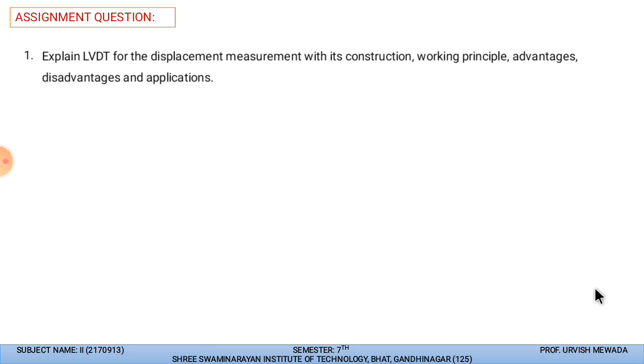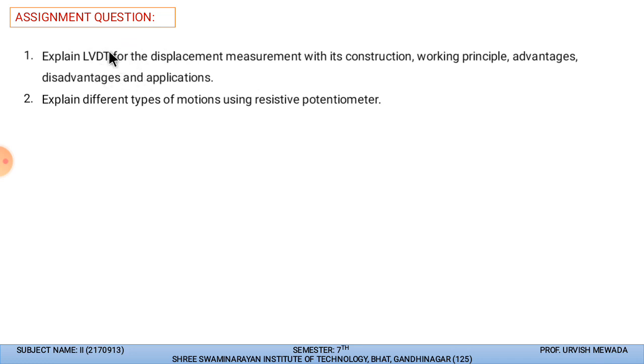Now after this topic, we have the assignment question: explain the LVDT for displacement measurement. Displacement measurement is specified in this question. Whenever a question asks to explain LVDT, many students make a mistake.